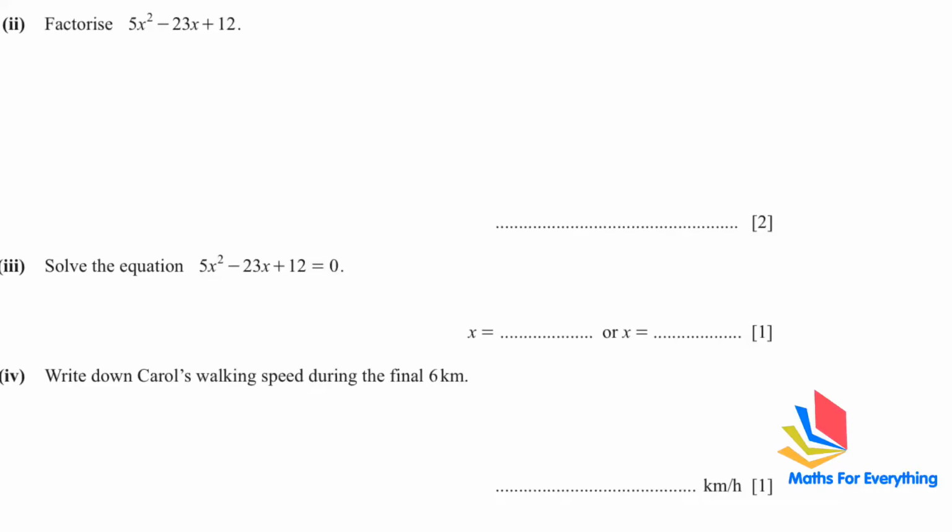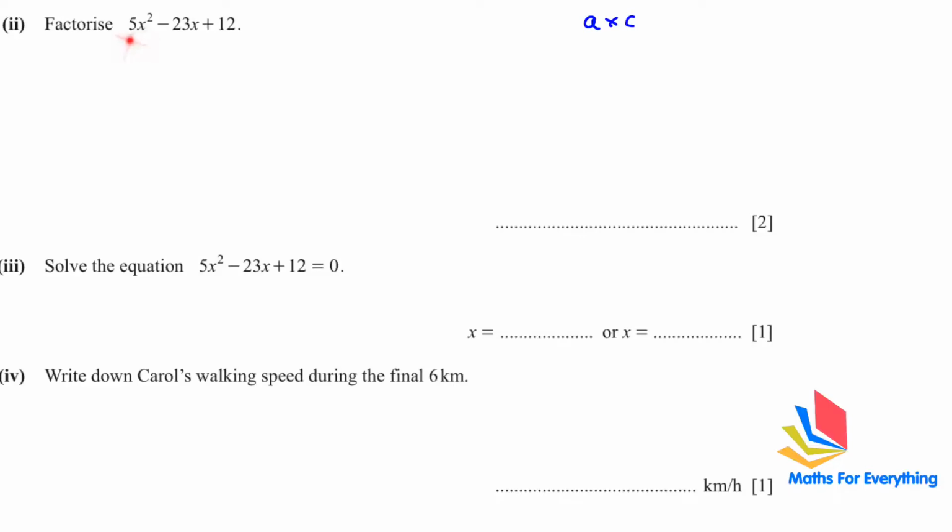We have to factorize 5x squared minus 23x plus 12. You can use the calculator to solve it if you know how to use the calculator. In the comment section, if you mention which calculator you have, I will show it to you according to your calculator. But otherwise, when we are solving, we multiply a with c.